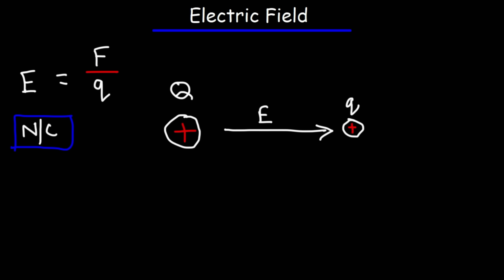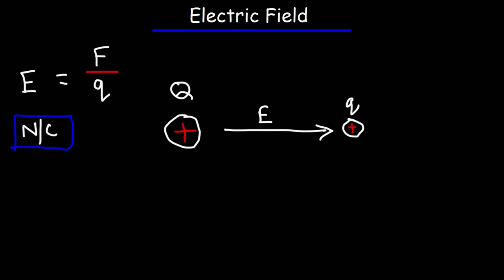The reason why it has to be tiny is because if it's large enough, it will affect Q. Big Q will be repelled by little q. But if the magnitude of little q is very, very small, it won't affect big Q as much. And thus it won't affect the electric field that is created by big Q as much. So this equation will work if we choose a very tiny positive test charge.